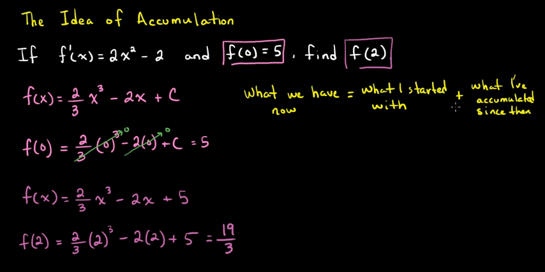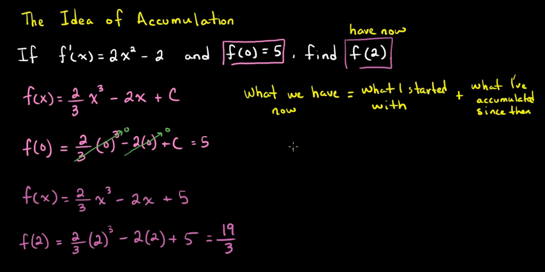You might be thinking, well, what in the world does this statement have to do with this problem? Well, if you think about it, you're asked to find f of 2. This is what you're going to have once you find it. So we want f of 2. This is what we will have now, or eventually.